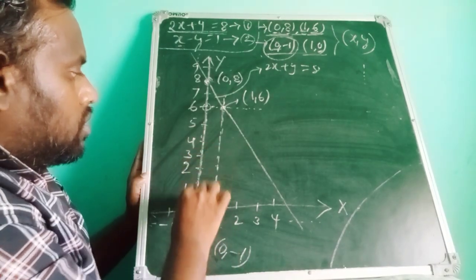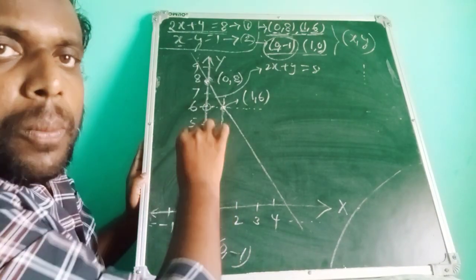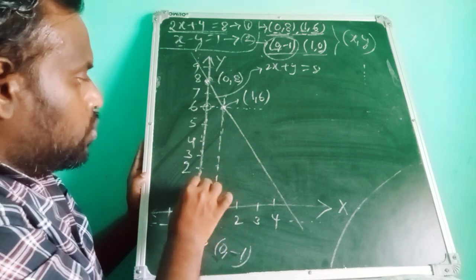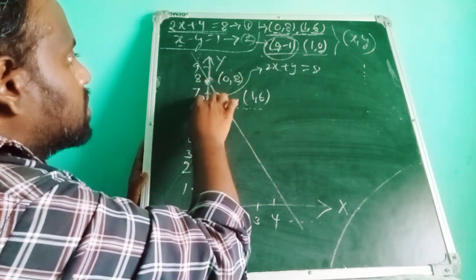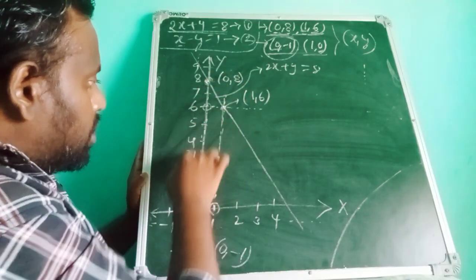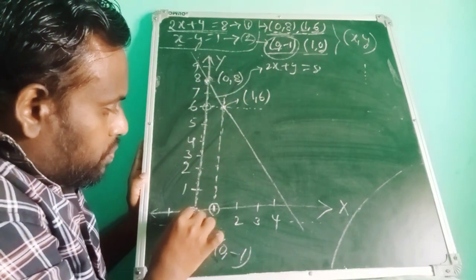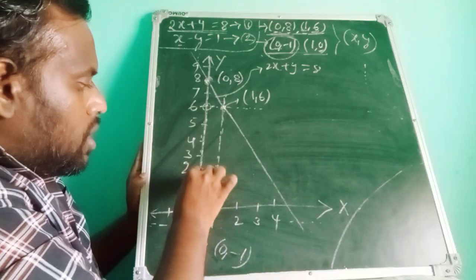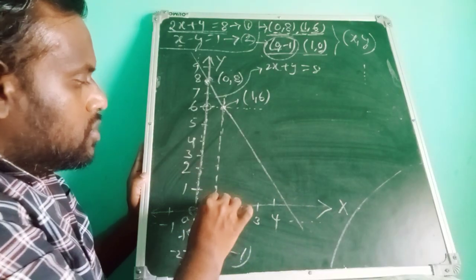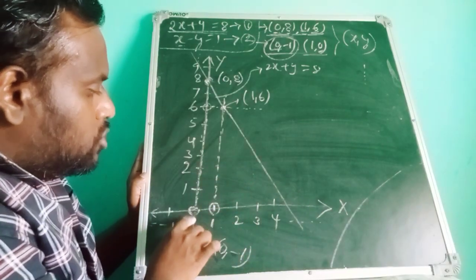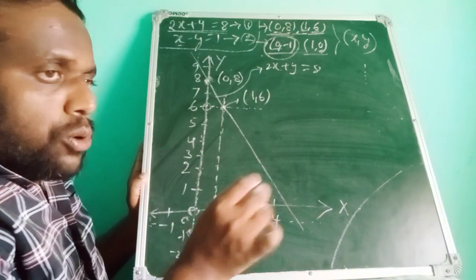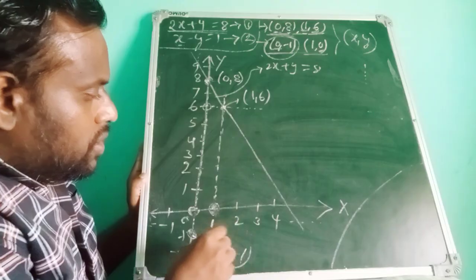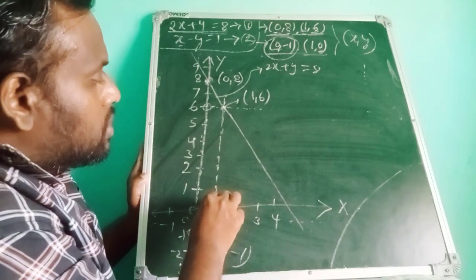We cannot go upward and put the dotted line here, because 0 is not somewhere up there, it is here only. 0 is on the x-axis and the y-axis also. Since we cannot put a dotted line, because 0 is here, you have to put the point here only. Now this will be (1, 0).